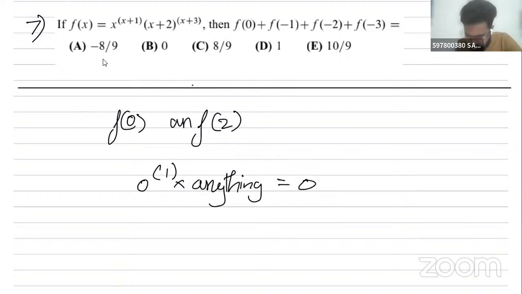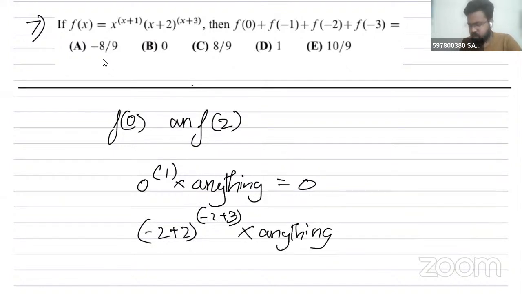And when x is minus 2, we have minus 2 plus 2 to the power minus 2 plus 3, which is also 0 to the power 1 times anything, which is 0. So f of 0 and f of 2 are equal to 0, for the reasoning I've given.